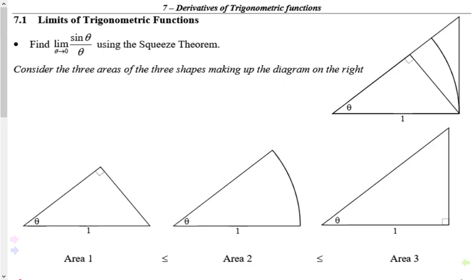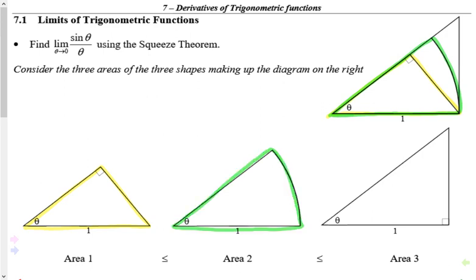So here we have that smallest triangle, and that corresponds to this triangle here. And then we have this medium sector, this curve there, so that's called a sector where one side is curved, and that's this shape here.